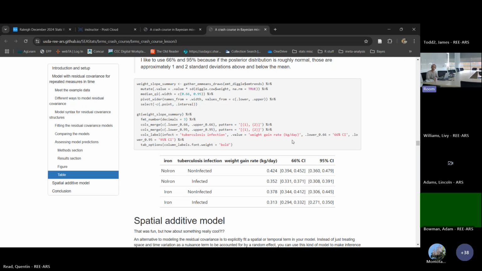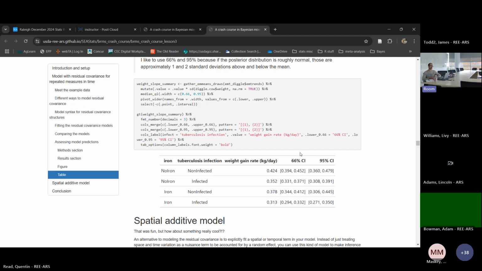And I see a question from Mahesh. Is it possible to show a scatter plot, which is one of the performance measures? Can you clarify what you mean there? A scatter plot of what? Sorry, observed versus predicted plot.